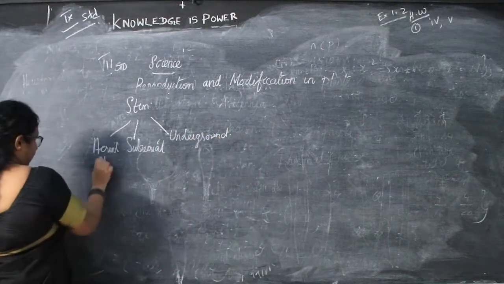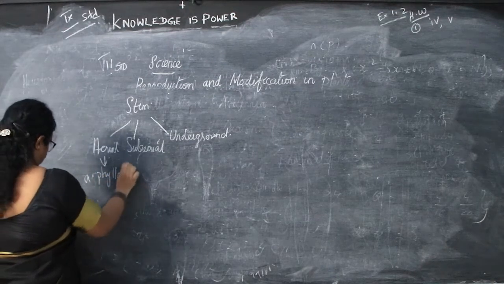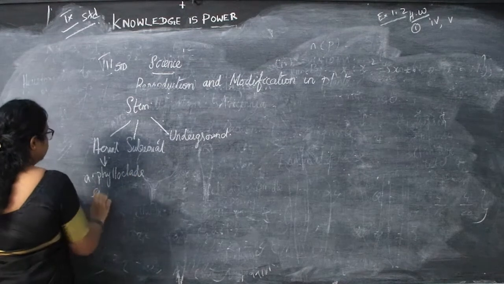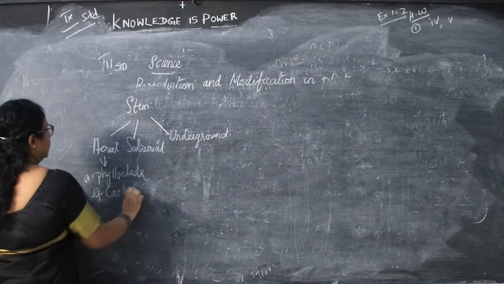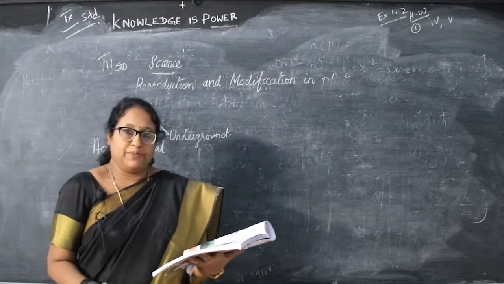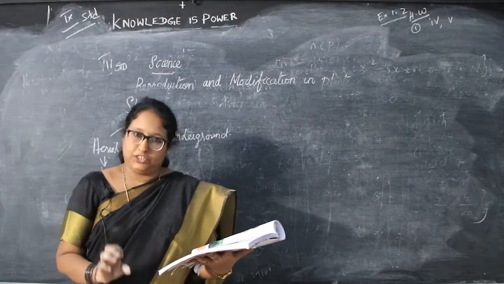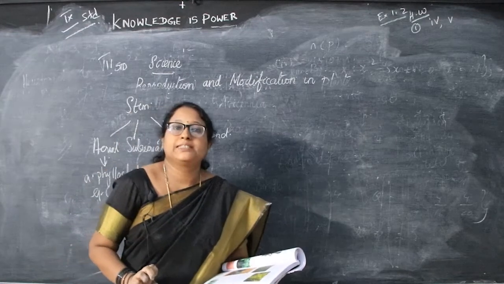Now first is the aerial modification. First is the phylloclade. Example, cactus. I already told you that in dry climate, where there is less water, conserving water is a challenge. Water evaporates from the surface.